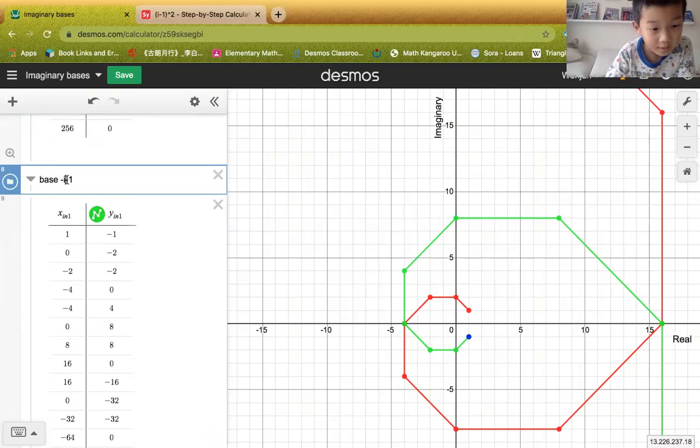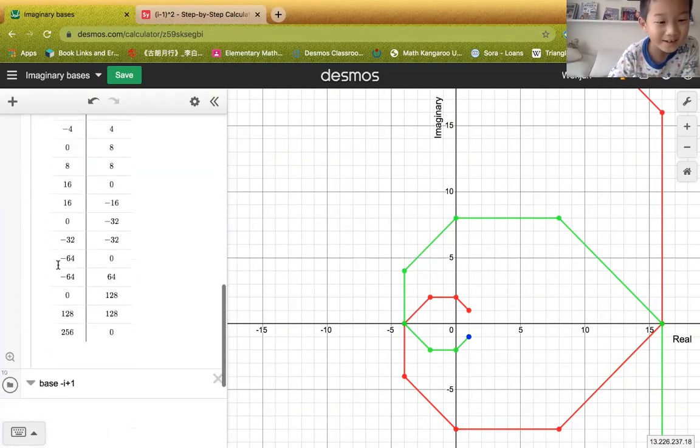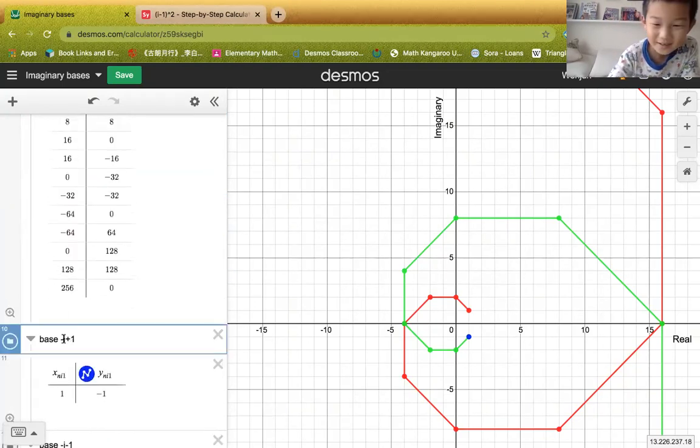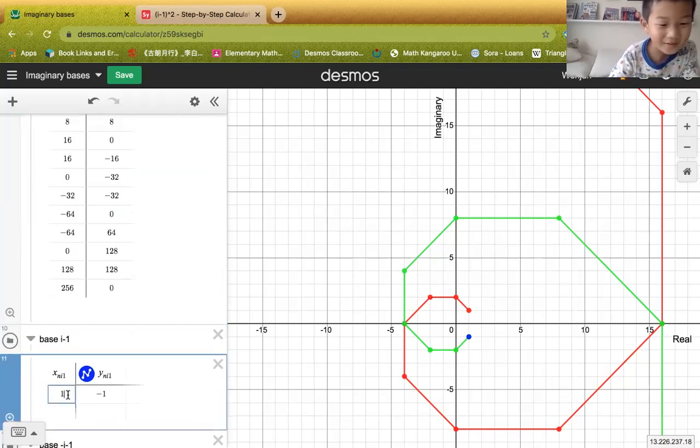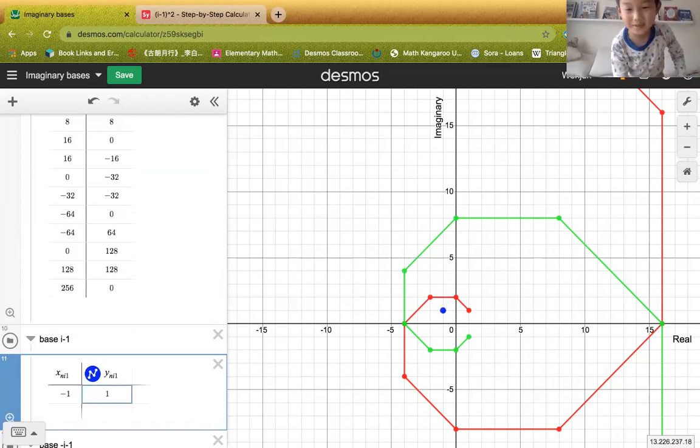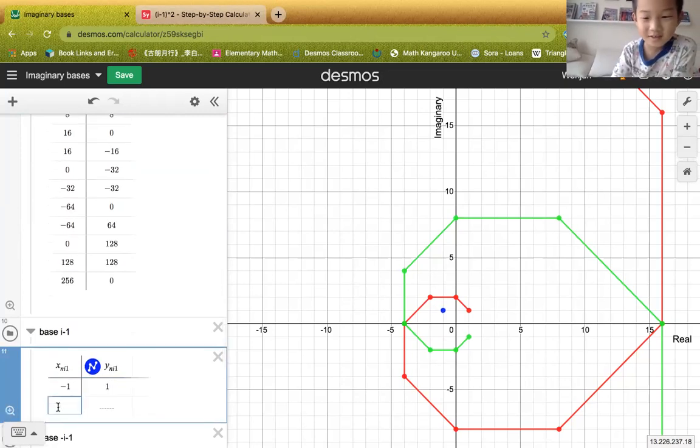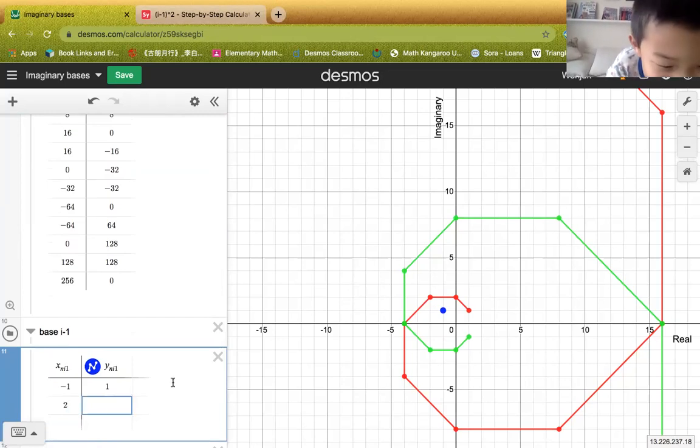Minus i plus 1, I'll call this anyway. i minus 1. Okay, that was clever, was it? Gee, I guess they'll be related again. And I'm right, because I have done this before. Well, I mean, I have done work with conjugates.